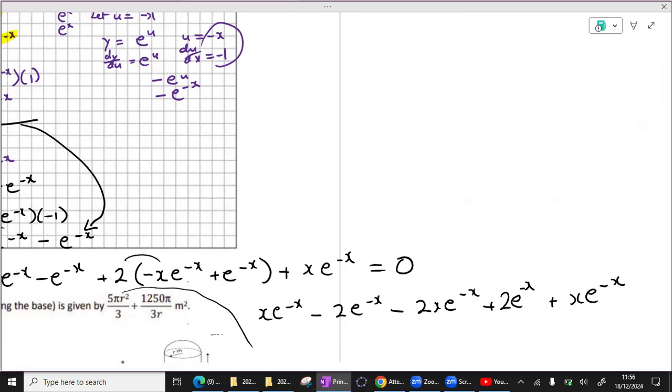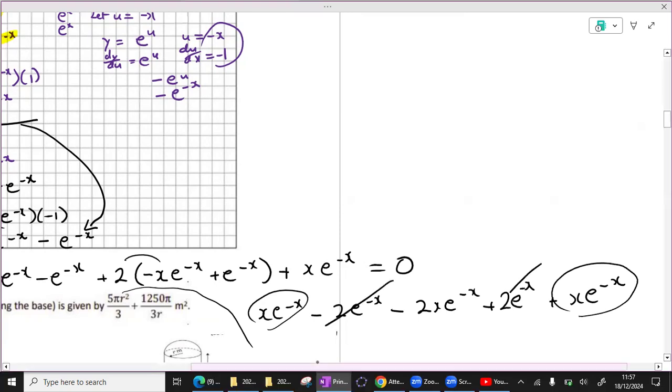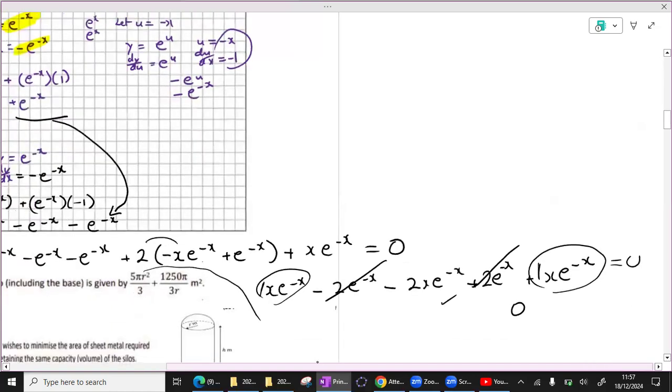So let's see. I have 2 of these, and they cancel straight away. And then I have 1 of these and 1 of these, so I have 2 of them, but then I'm minusing away 2 of them. So indeed, it all becomes 0. It's supposed to be 0, and it is. So that's me done, and I have shown that.